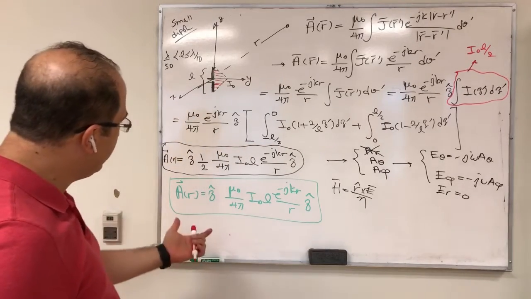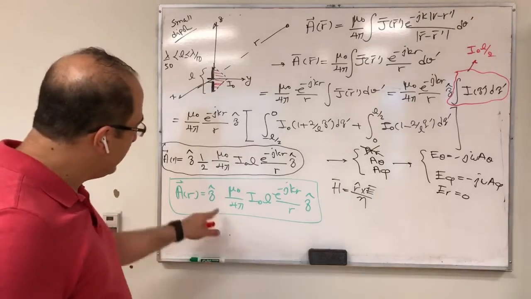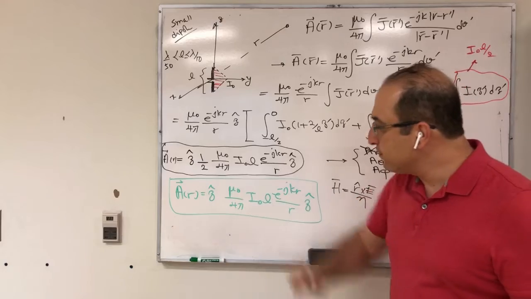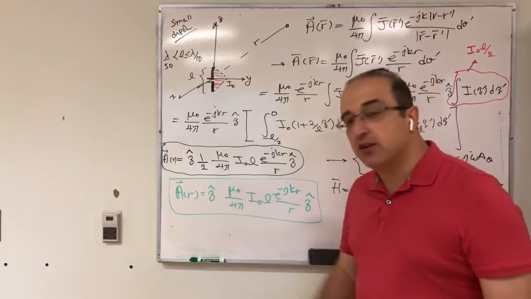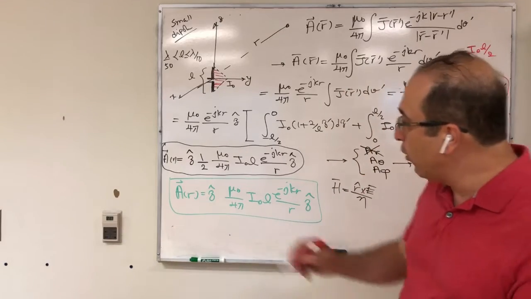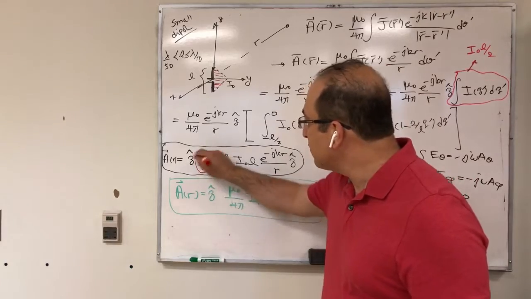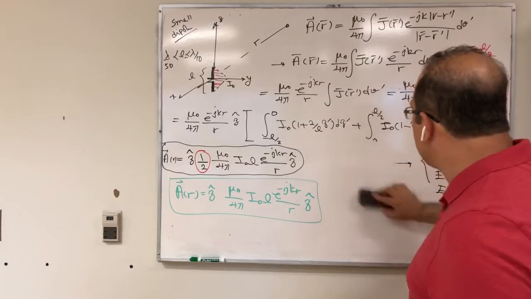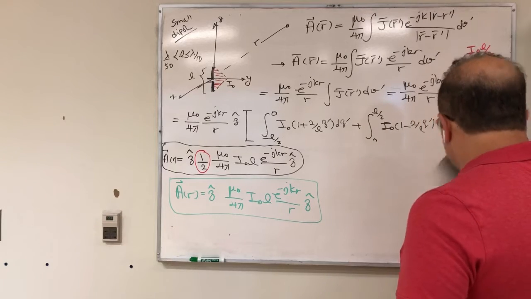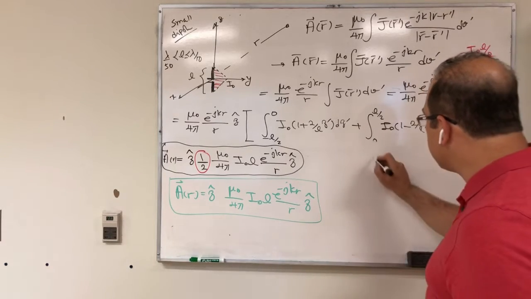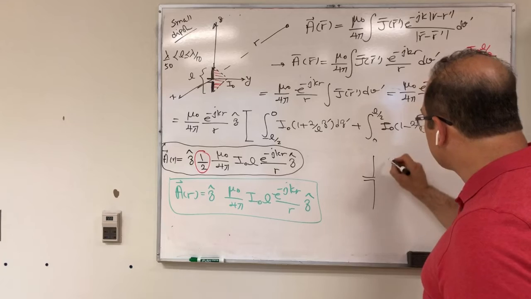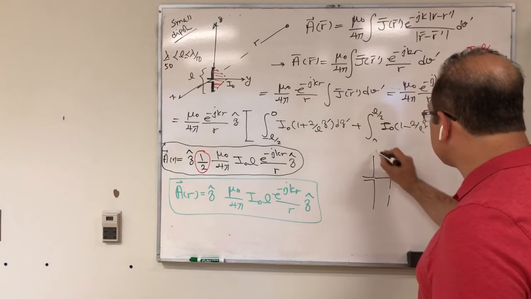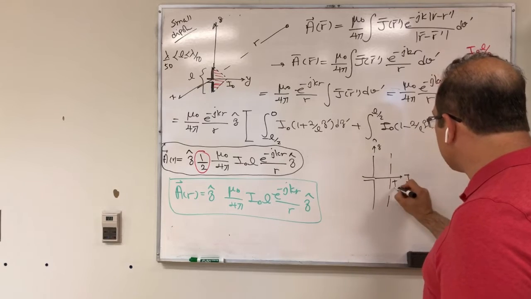So you see that they're pretty much identical. There is only one difference: this one has a half, this one doesn't have a half. And you expect this difference, right? Because remember, in the infinitesimal case, we assumed the current was uniform. So if this is the current axis, if this is the z axis, this was I naught.